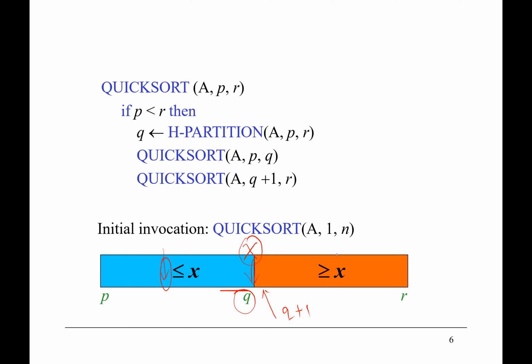When the recursion goes down, every element is supposed to stay in the correct position.